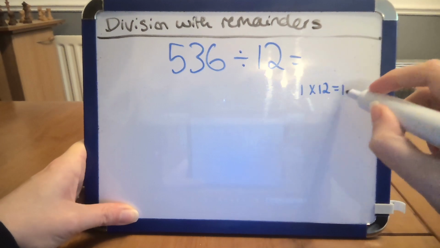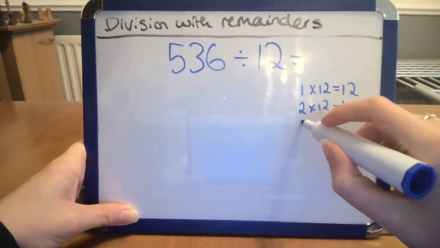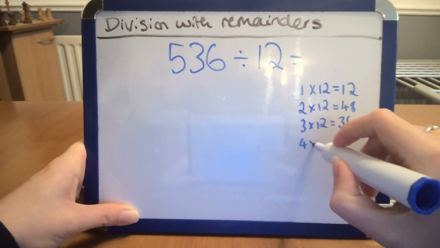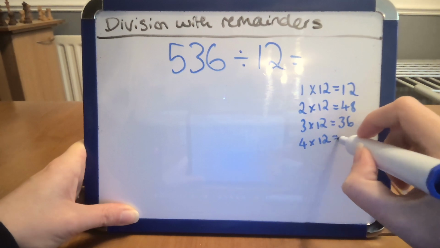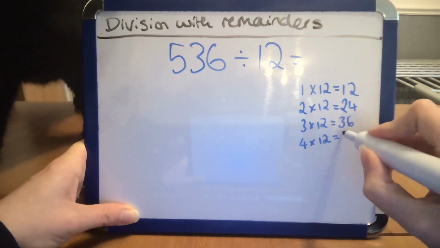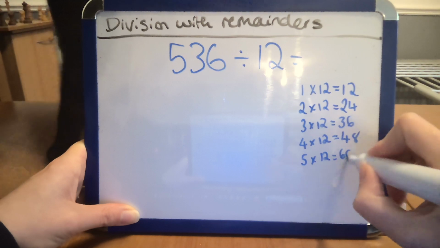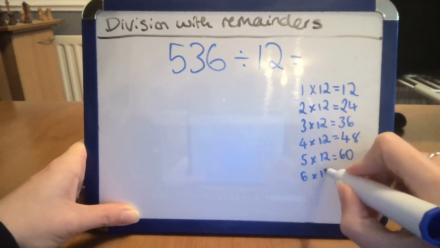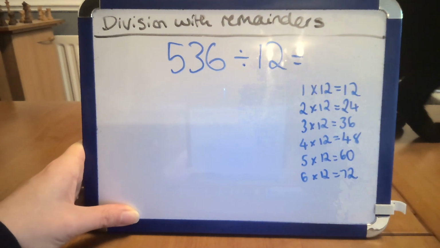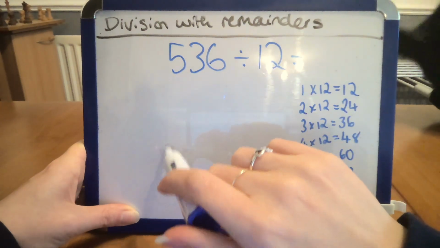If you don't, you're adding 12 each time. 2 times 12 is 24, 4 times 12 is 48, 5 times 12 is 60, 6 times 12 is 72, and I'm going to leave it there for now. I could go on and do the rest of them, but I don't know how many I'm going to need, so I'm going to stop there.